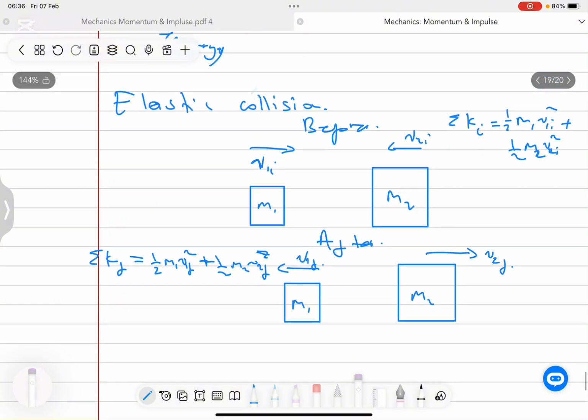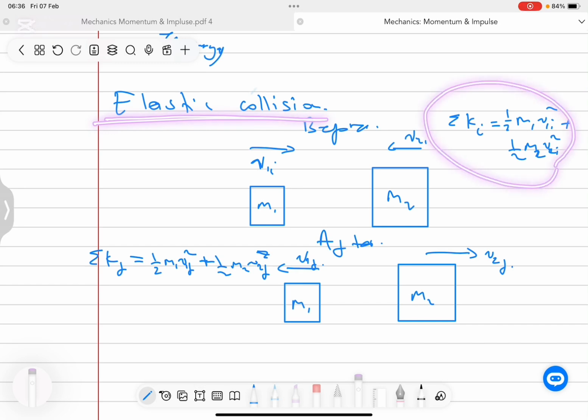Now, in an elastic collision, what actually happens here is that the total kinetic energy of the system before collision is exactly the same as the total kinetic energy after the collision. In other words, the total kinetic energy is conserved. It's the same number.